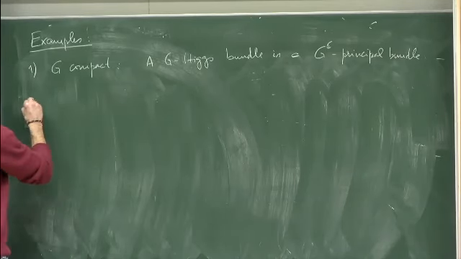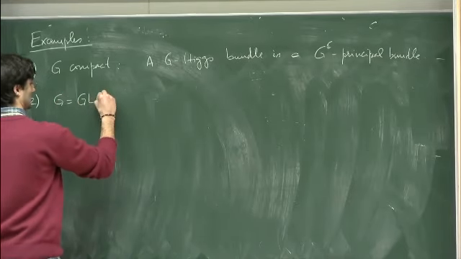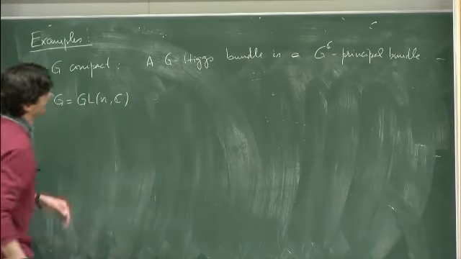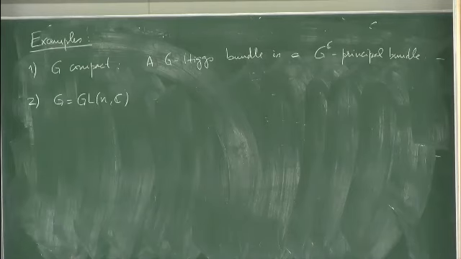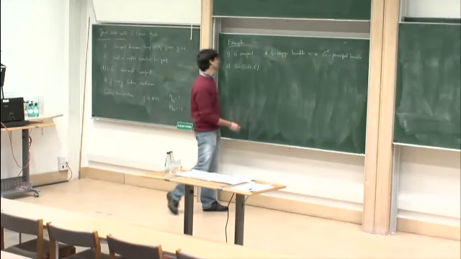When G is GL_n(C), Higgs bundles, when they were introduced by Hitchin and Simpson, the ones which were introduced were in fact GL_n(C) Higgs bundles.